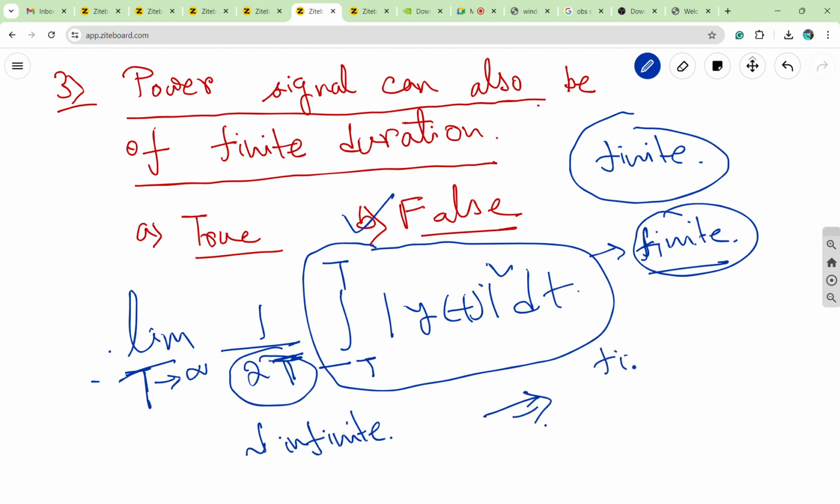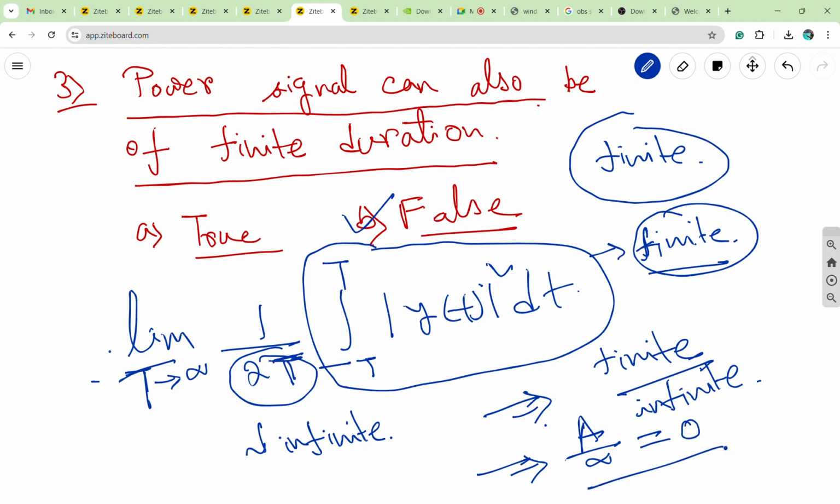And ultimately it becomes finite by infinite, and it is equal to 0. So it cannot be 0 for a power signal. Power cannot be 0. So that's why a power signal also cannot be of finite duration. It's false.